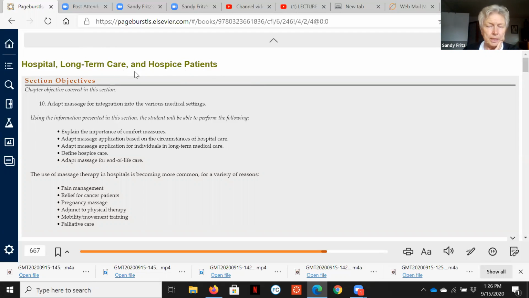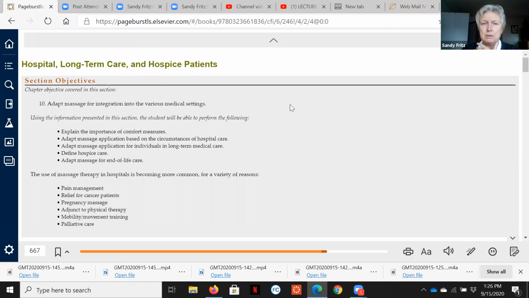In long-term care, maybe there would be a little bit of condition management, and sometimes it is a rehabilitation process, like if somebody had broken a hip or something. And in long-term care, don't think of this as only the elderly.